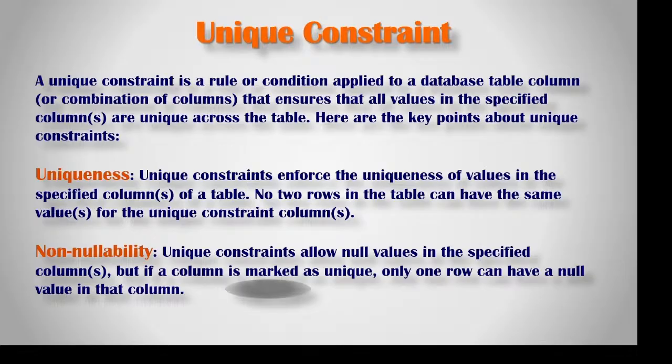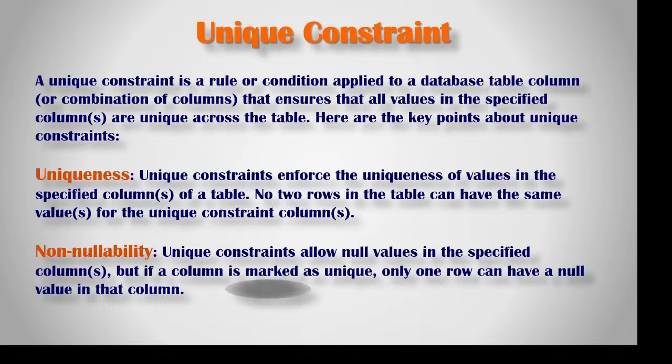Here are the key points about unique constraints. Uniqueness. Unique constraints enforce the uniqueness of values in the specified columns of a table. No two rows in the table can have the same value for the unique constraint columns.